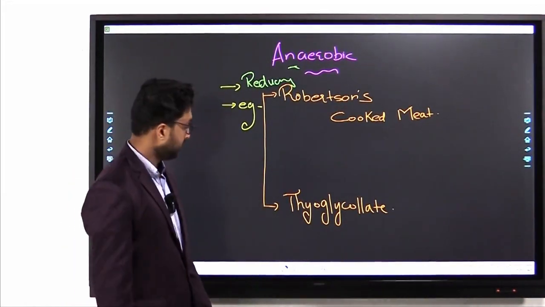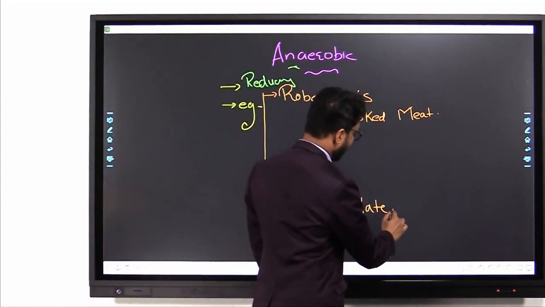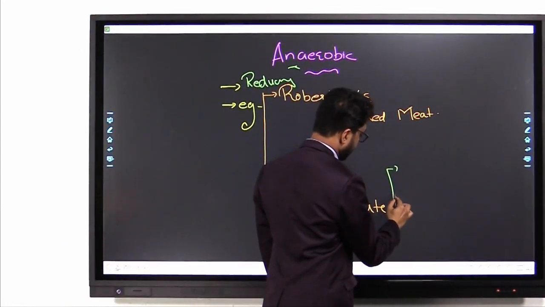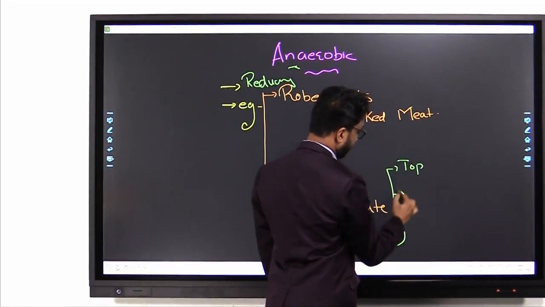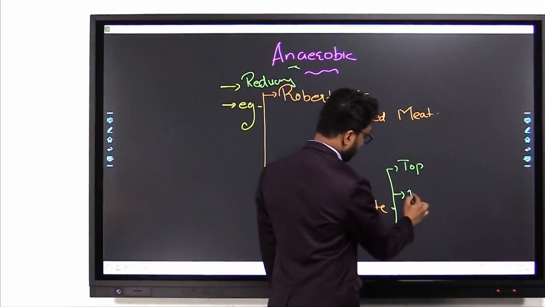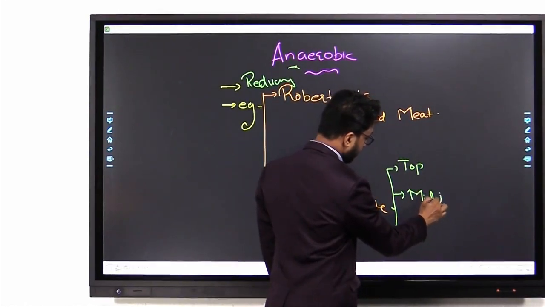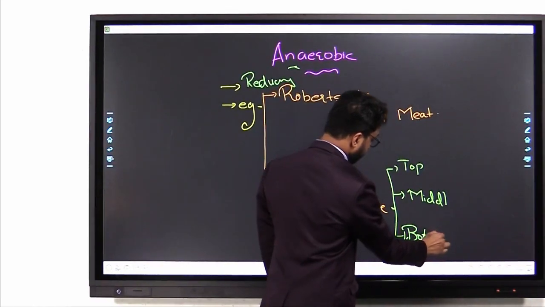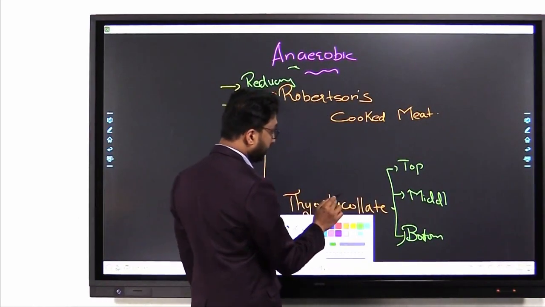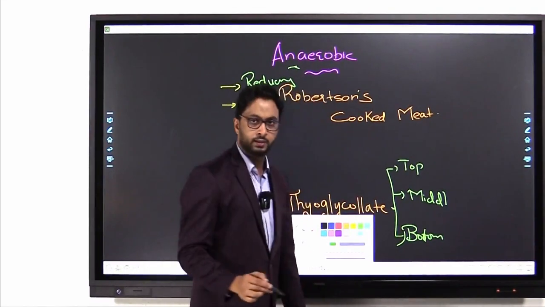Now thioglycolate has a speciality where it will have three-layered growth. At the top, the middle and the bottom you'll get typical bacteria. At the top, what bacteria do you have?